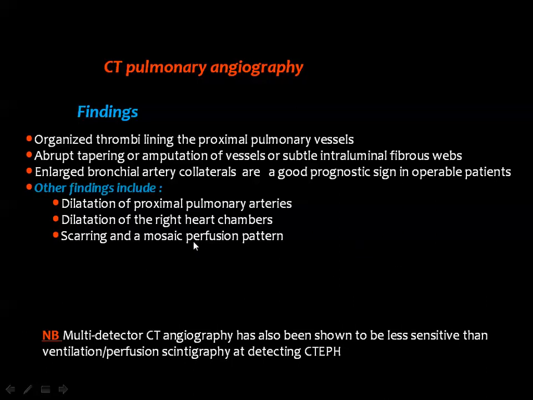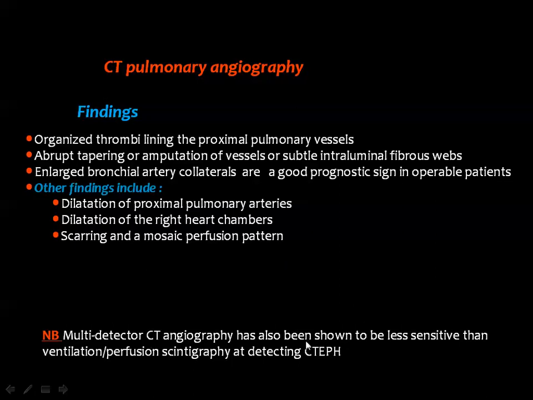Also, it may show dilatation of the proximal pulmonary arteries, dilatation of the right cardiac chambers, right ventricle and right atrium, and it may show mosaic perfusion pattern, areas of increased attenuation or ground glass opacities, and areas of air trapping.